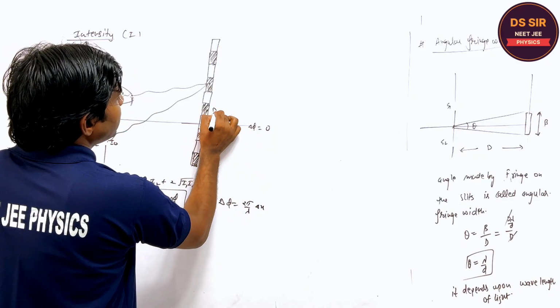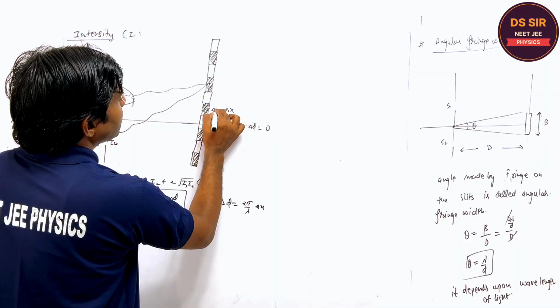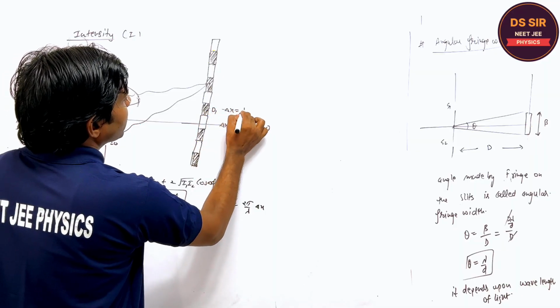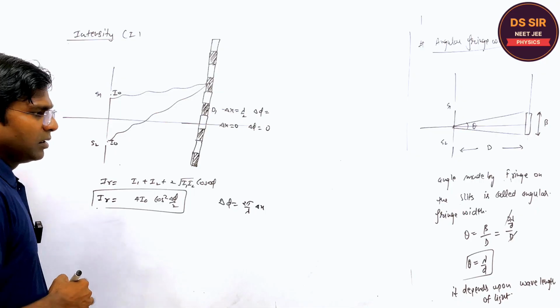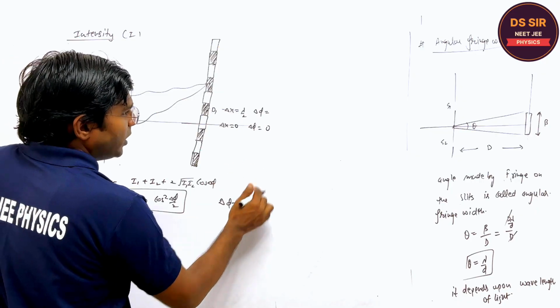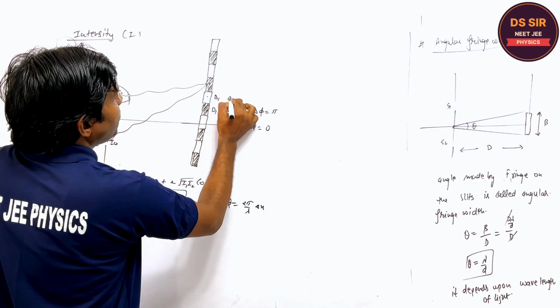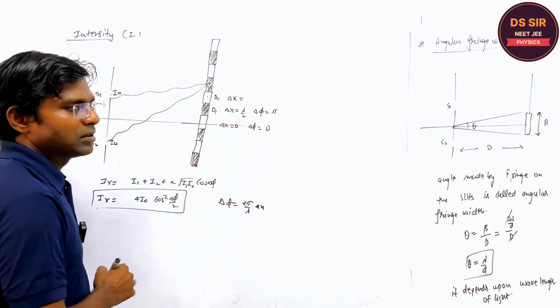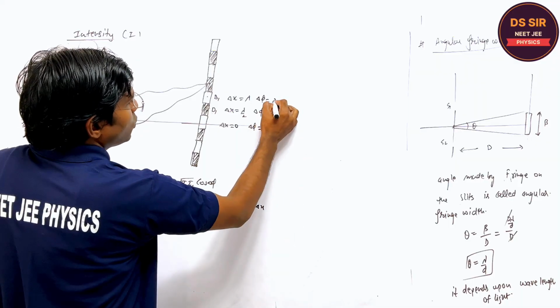For this D1, what is the delta x? Lambda by 2. What is the phase difference? Lambda by 2, it is pi. For B1, what is the path difference? Lambda. What is the phase difference? 2 pi.